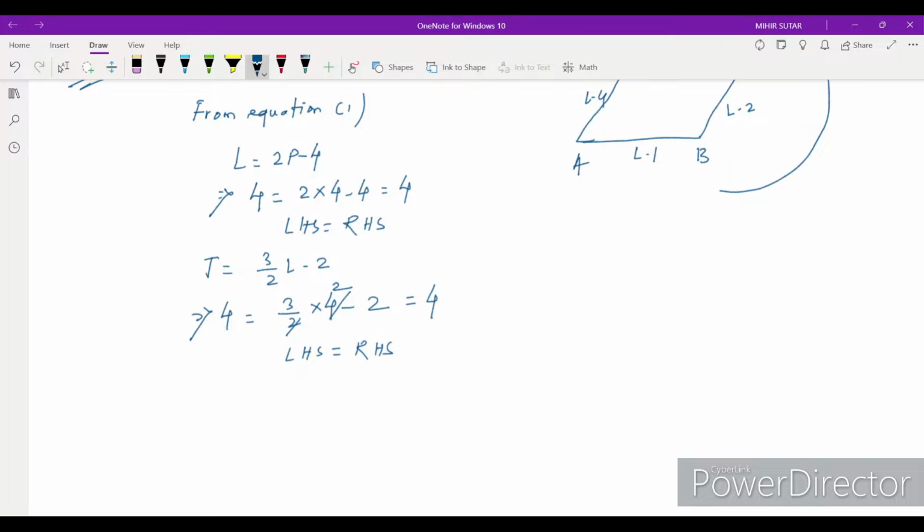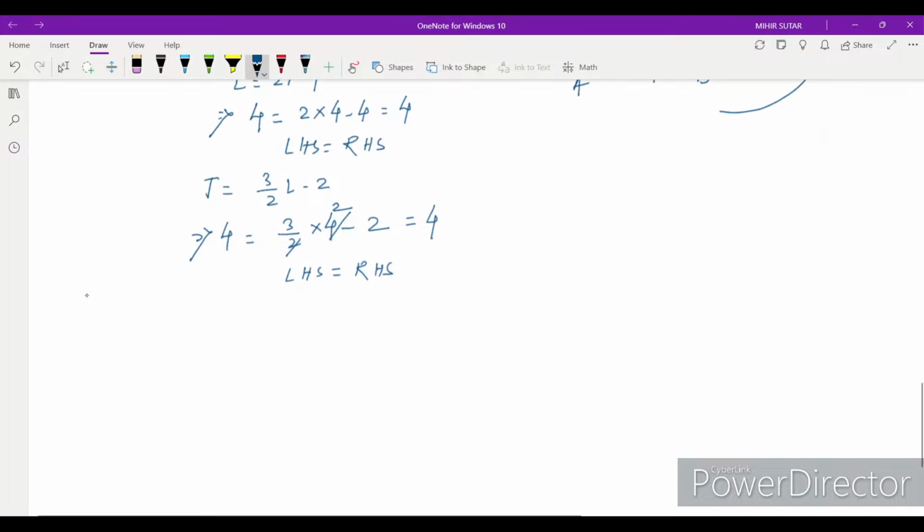So the condition of a mechanism when LHS is equal to RHS is called a kinematic chain. We have already discussed 3 types of kinematic chains.